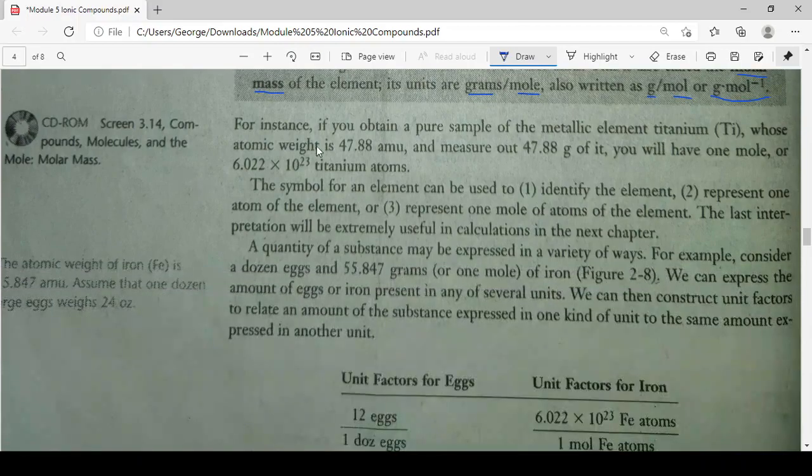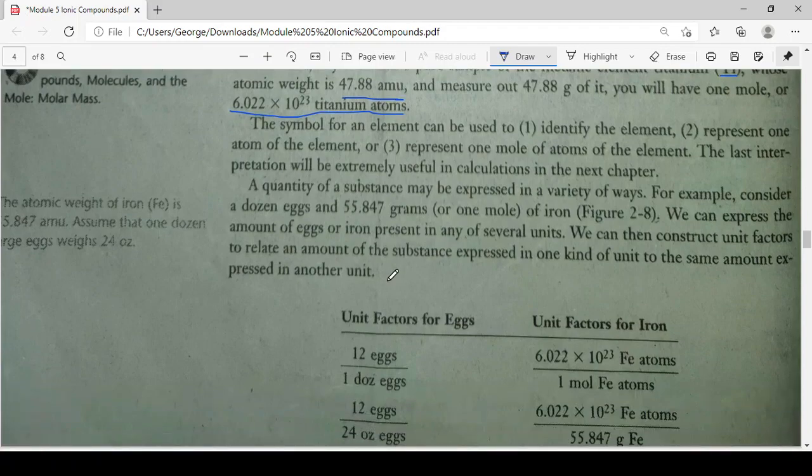So for instance, if you obtain a pure sample of the metallic element titanium, with the formula Ti, whose atomic weight is 47.88 AMUs, and measure out 47.88 grams of it, you will have 1 mole, or 6.022 times 10 raised to the power of 23 titanium atoms.